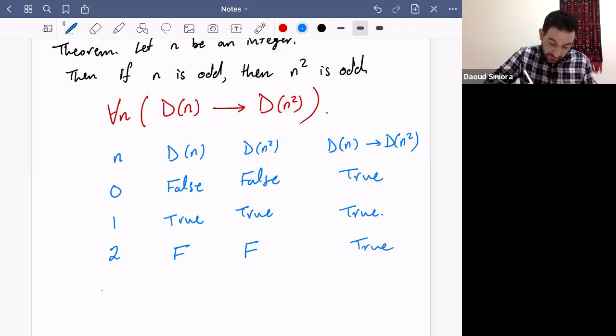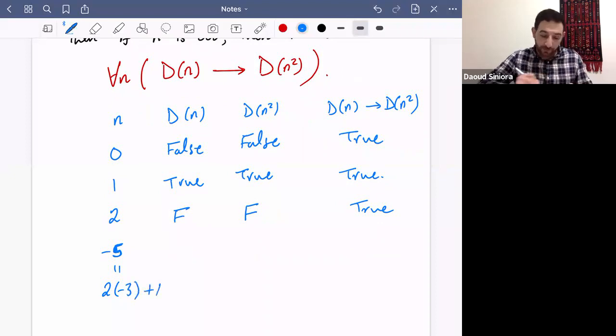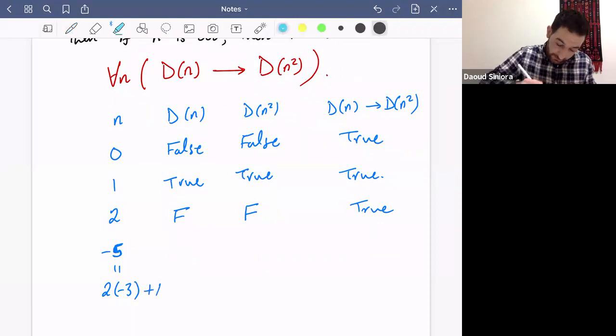And say -5. -5 is odd. Why is -5 odd? Because we can write it as 2 times k plus 1. We found an integer k, which is -3, such that -3 times 2, which is -6, plus 1, is -5.